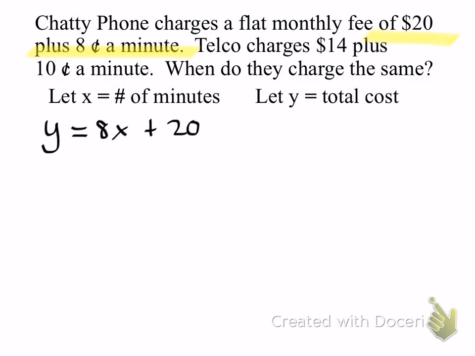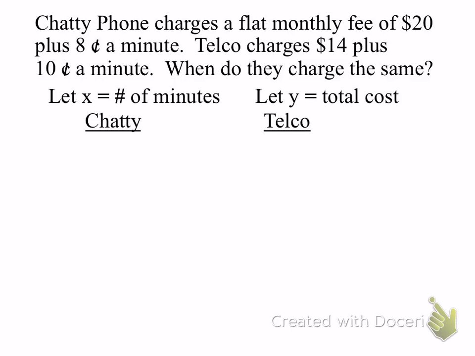No. Wait. 8 tenths x? Ah, yes. Remember, it's change, and it's 8 cents, so that's 8 pennies out of 100. 8 cents is 8 hundredths. 0.8 would be 80 cents, so be careful of that. Okay? So it's 20 plus 8 hundredths x for the Chatty company.